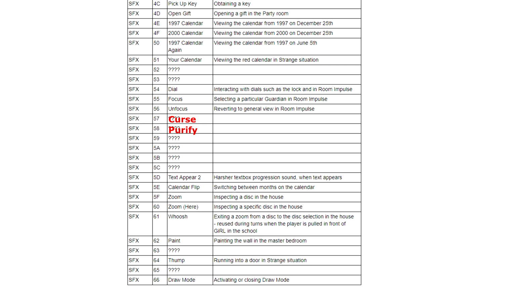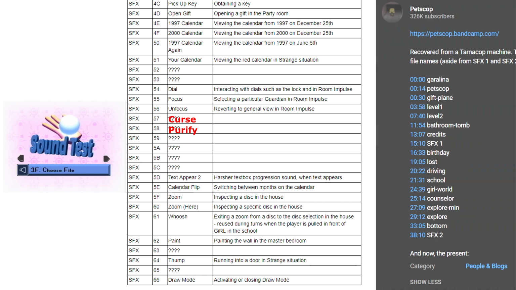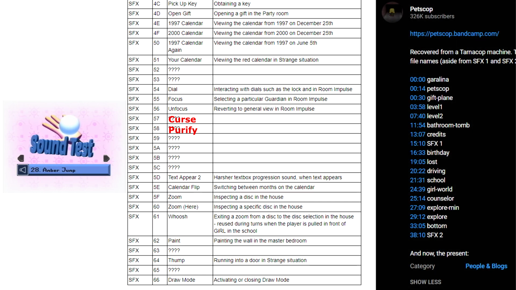Or does it? We now come to an anomaly, because we hear this. If this list is ordered the same way as the Petscop soundtrack, then this should be impossible.